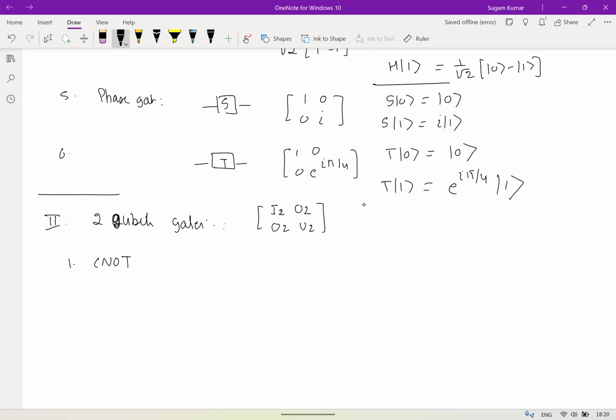In the case of CNOT, this U2 is nothing but a NOT gate, or simply you can say the X gate. The symbol we use for this has one node here, with bits A and B, and this plus sign. This is the symbol for the NOT gate. What happens here? This A remains as such, and here it becomes, tell me.